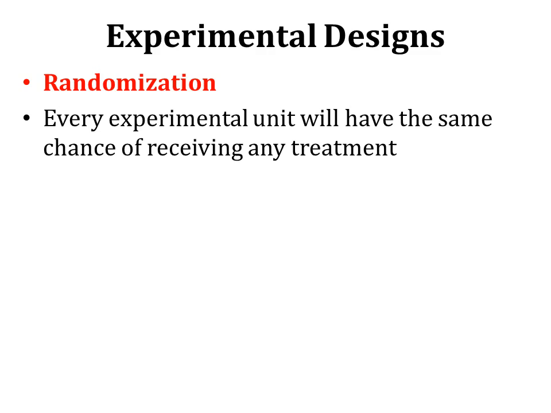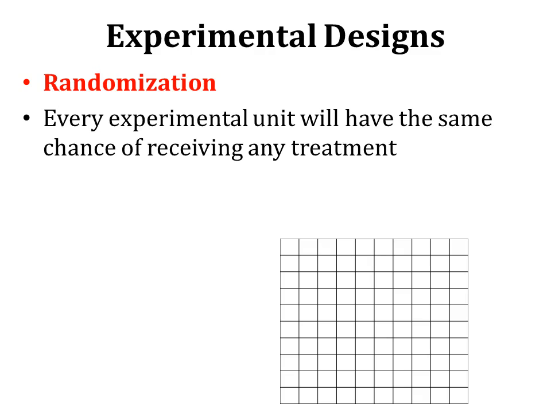There should be no bias in that, and the experimental units will have an equal chance to receive any of the treatments of the independent variable. So this is what is meant by randomization.